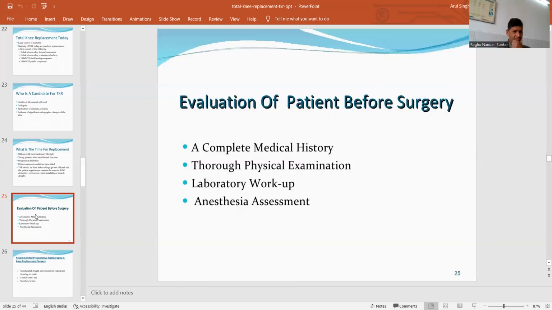And if a patient has a history of any medical pathology, meaning diabetes, blood pressure, thyroid, you should always check blood sugar level, thyroid level, and other levels. Anesthesia assessment: PAC, pre-anesthetic checkup, should be done.